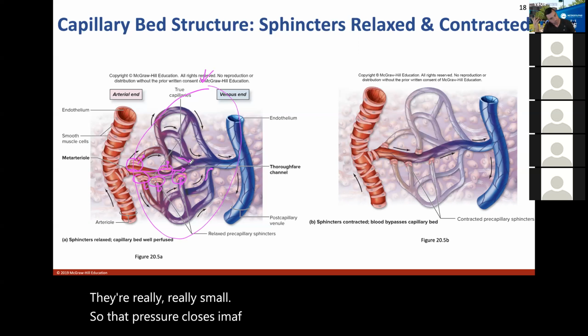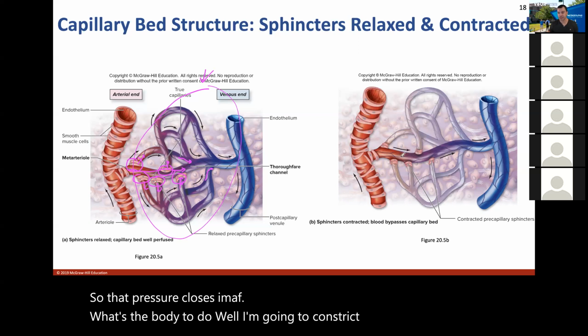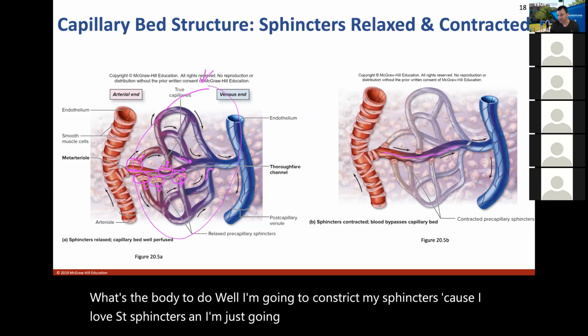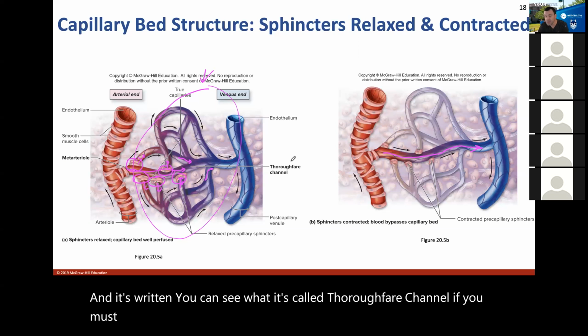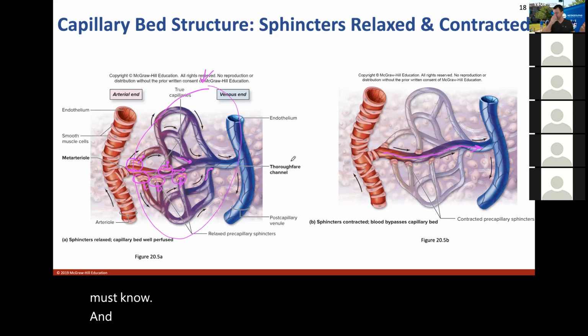What's the body to do? Well, I'm going to constrict my sphincters because I love saying sphincters, and I'm just going to bypass that capillary bed. You can see what it's called, a thoroughfare channel, if you must know. These meta-arterioles ensure that blood continues to go forward through the system.